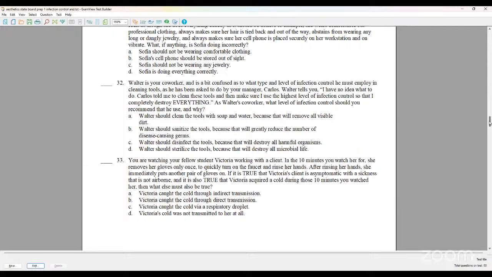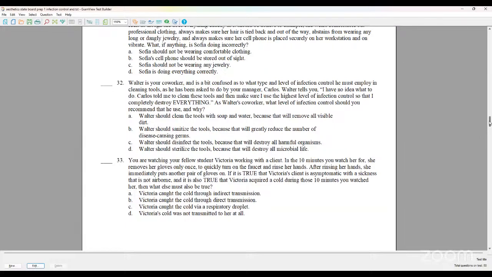A, Walter should clean the tools with soap and water because that will remove all visible dirt. That's cleaning, y'all. B, Walter should sanitize the tools because that will greatly reduce the number of disease-causing bacteria. That's sanitation. Y'all see where we're going? The key word is actually in it.